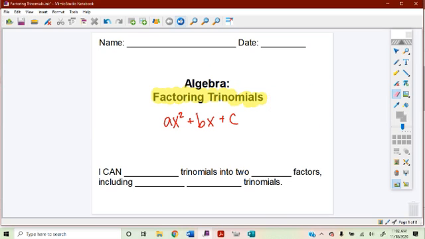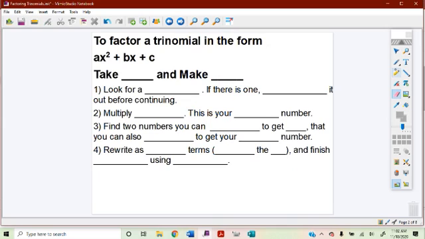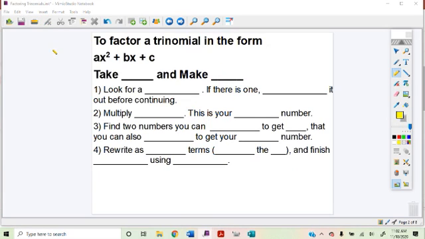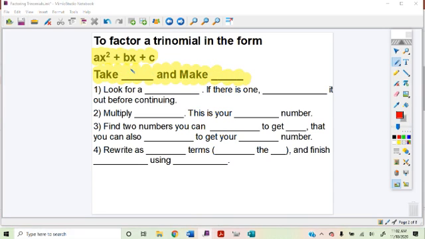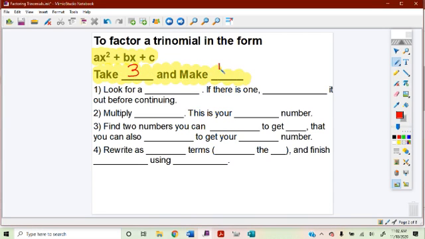So here's what we're going to do to factor a trinomial. We're going to call this method take 3 and make 4. The method is take 3 and make 4. Don't draw this, but if you think about it, when you multiply a binomial times a binomial, you end up with 4 things on the inside.